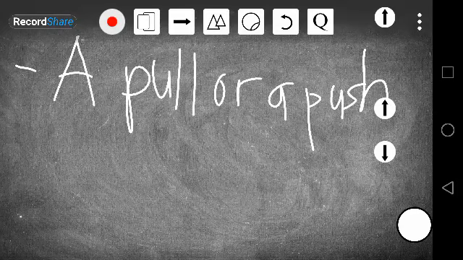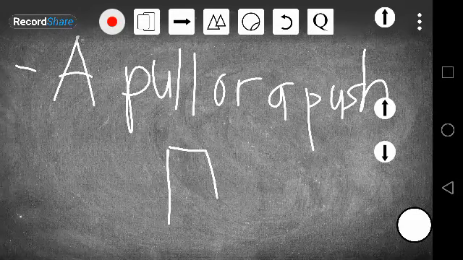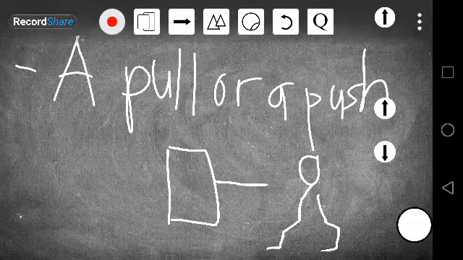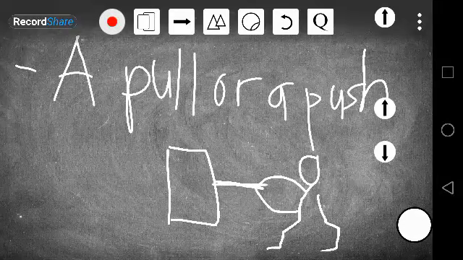So by a pull, we are saying we have a block here, and this is a rope, and this is someone with his hands pulling the rope this side.